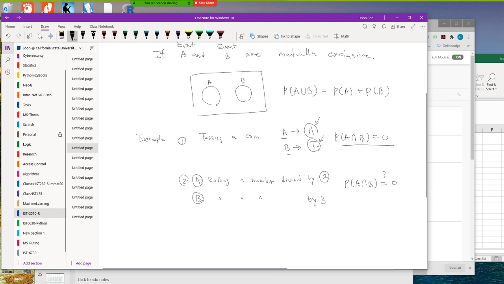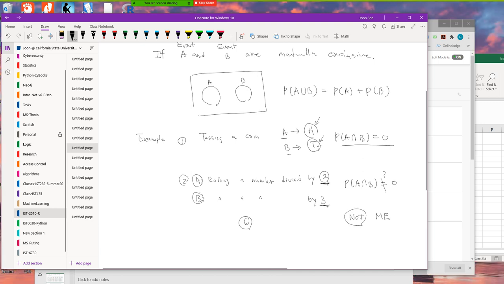No. A good example is, let's say you're rolling a die and you get 6. You could roll a 6, and this is divisible by 2, but at the same time, it's divisible by 3. So it's not equal to 0. So event A and event B are not mutually exclusive.